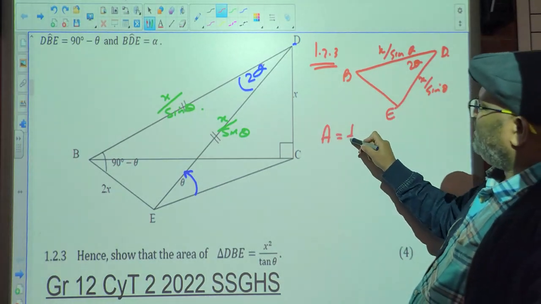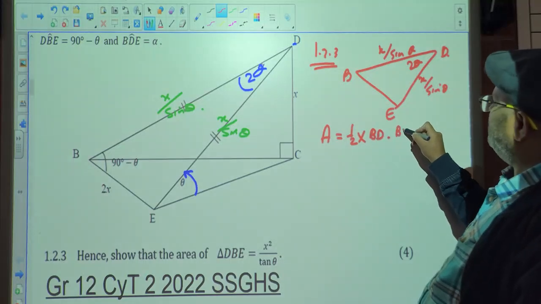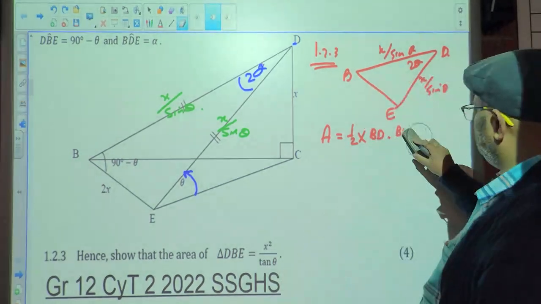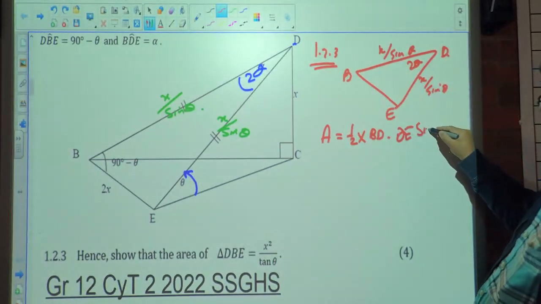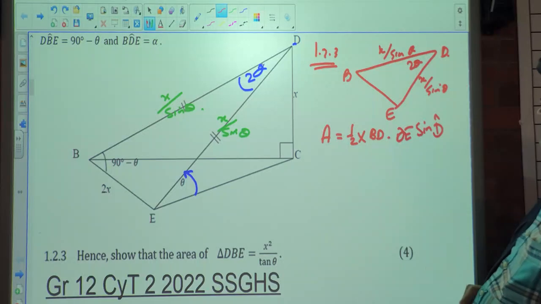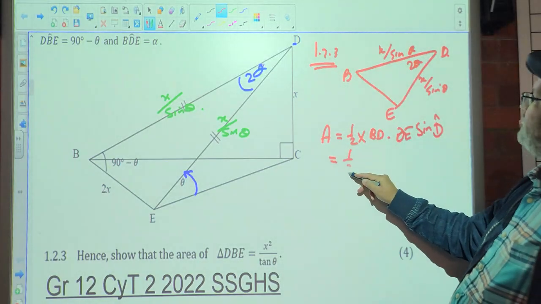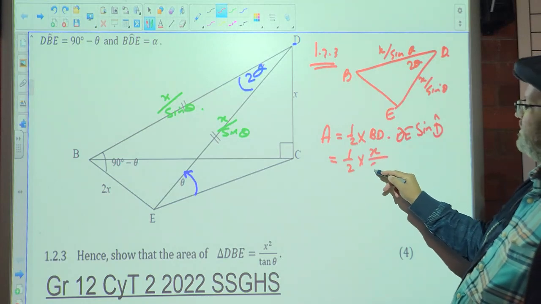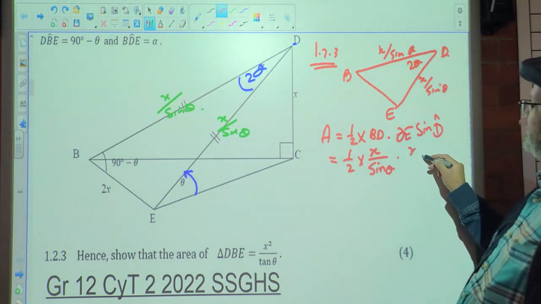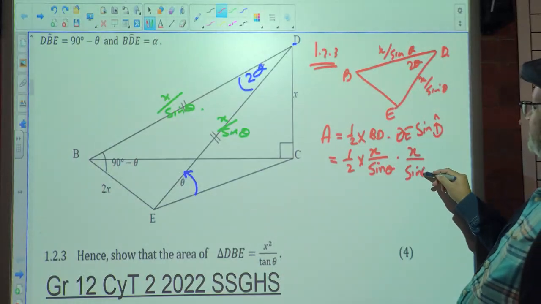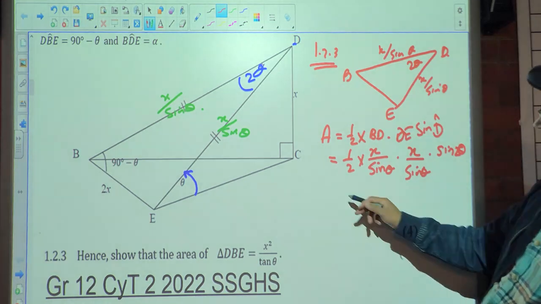So the area is going to be half BD times DE times sine of angle D. So it's going to be half times x over sine theta times x over sine theta times sine 2 theta.